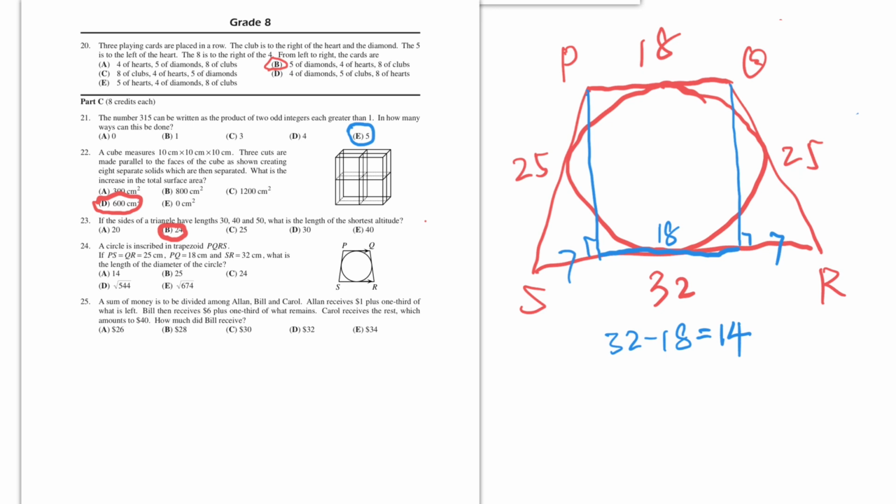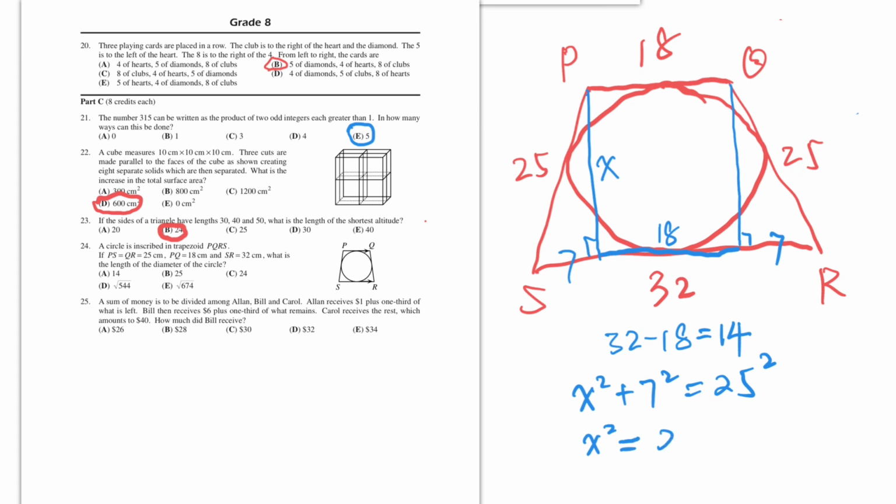Now we suppose the height is x. So Pythagorean theorem. X squared plus 7 squared equals 25 squared. If you know the 7, 24, 25 is the Pythagorean triple, you immediately figure out x is the 24. If you are not sure, just do the math.